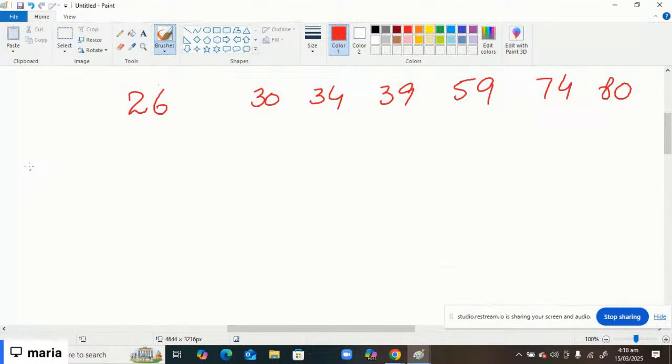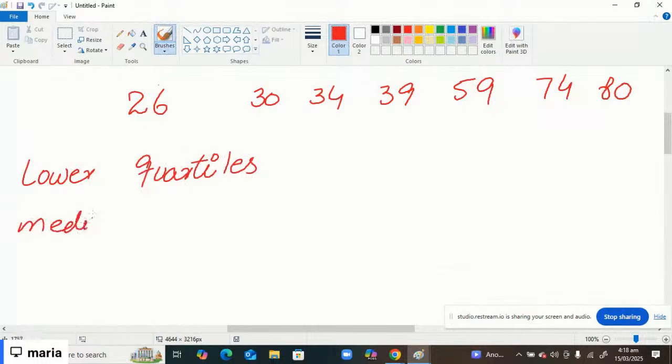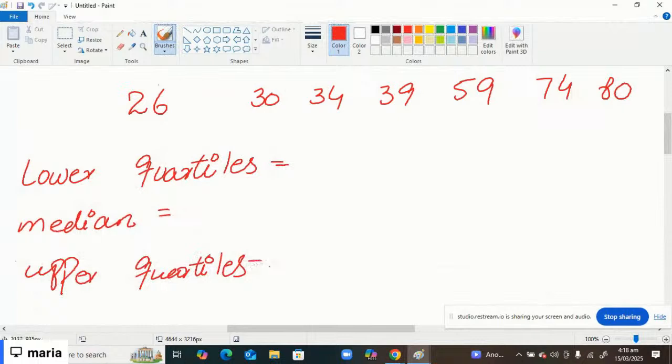So first we're going to find the lower quartile. Then we're going to find the median. Then the upper quartile. These three things.